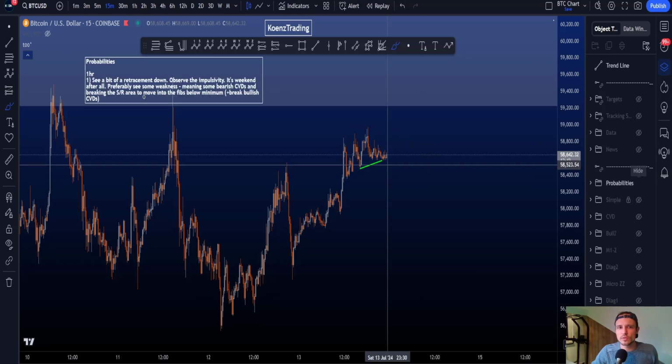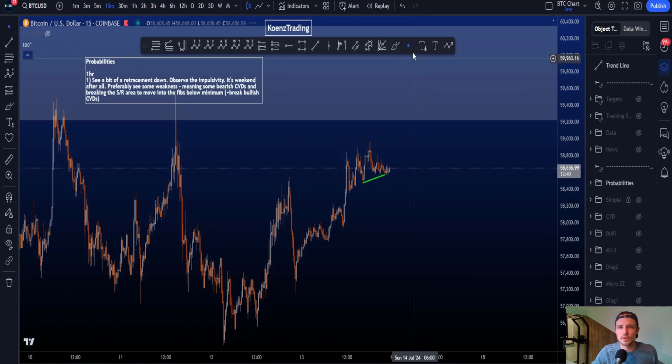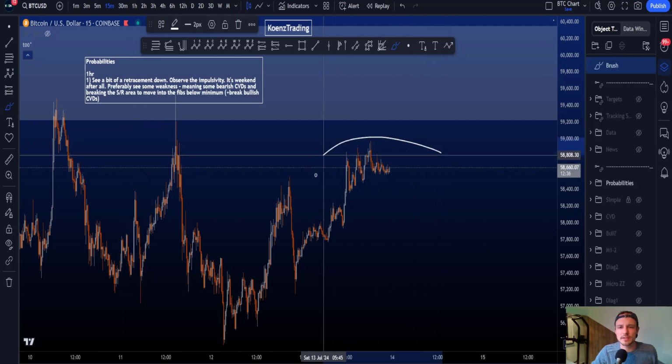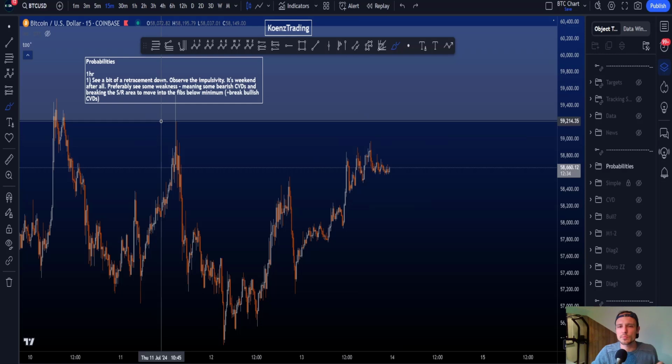Now, if we then go to the probabilities on this time frame here, currently the probabilities very locally are a bit higher for price to move towards the downside. Looking for a retracement down, observing the impulsivity because it is weekend after all, and most commonly in the weekend we have ranging structures.